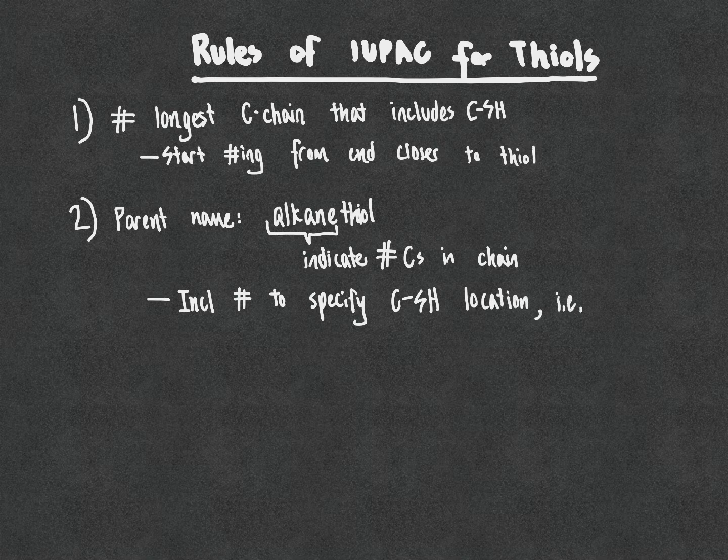And to put that into a template, we can write that in one of two ways. We can either put X dash alkane thiol, where X is the carbon number that has the thiol group.